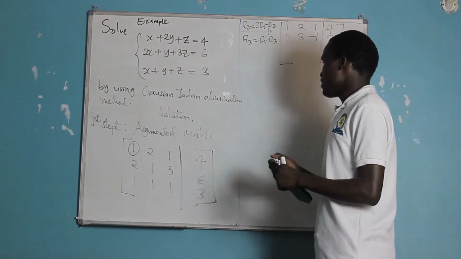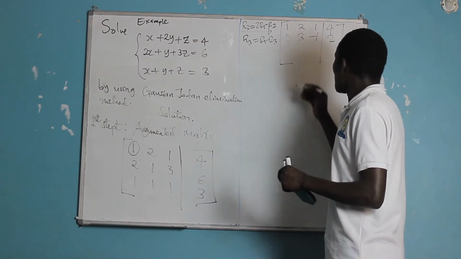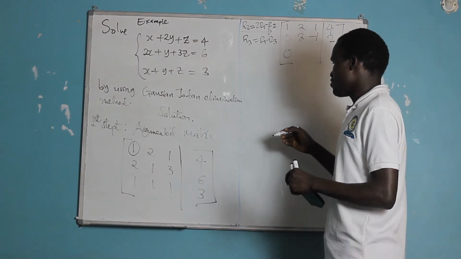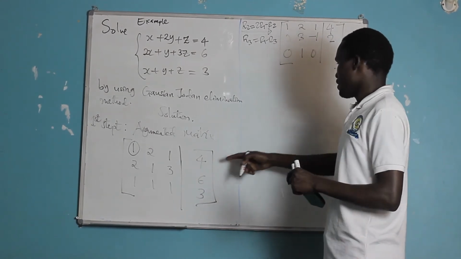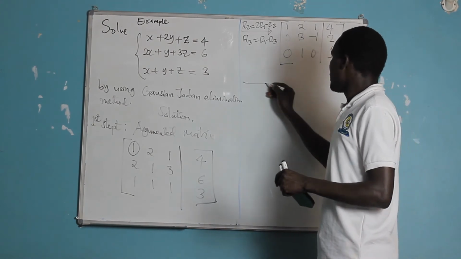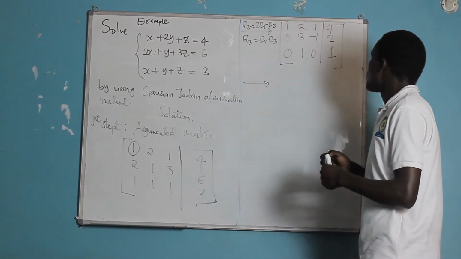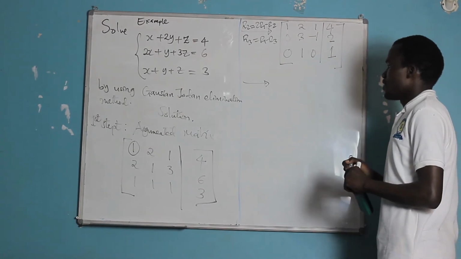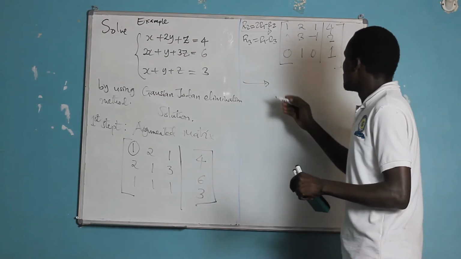Next, the third row, just taking the first row minus the third row. Here you get 0. 1 minus 1 is 0, 2 minus 1 is 1, 1 minus 1 is 0, and 4 minus 3 is 1. Again, remember, we are reducing this into reduced row echelon form. So I want to get this entry to be 1 here.